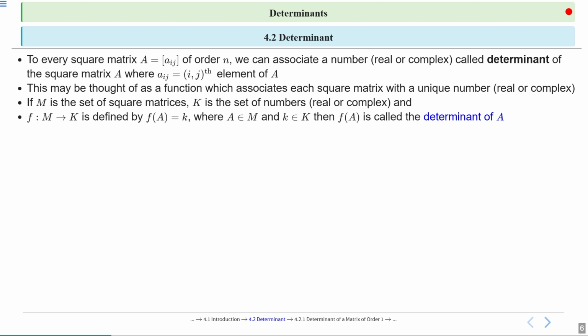Okay, we just map a matrix with that number, then that number is called the determinant. Okay, and that number can be real or complex, is denoted by bar A, and it is read as determinant of A, or it is also denoted by a triangle shape.